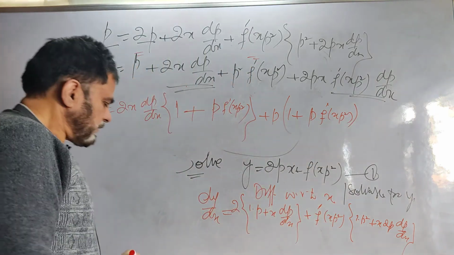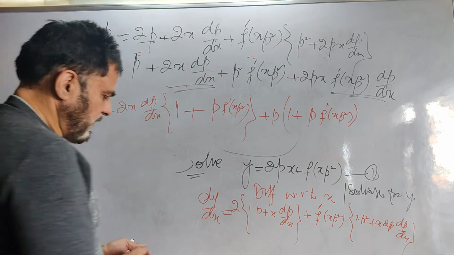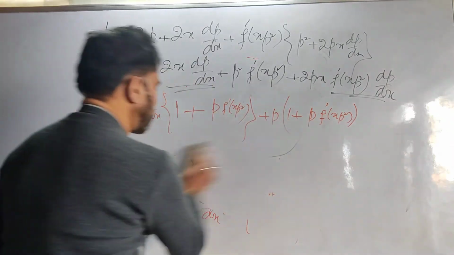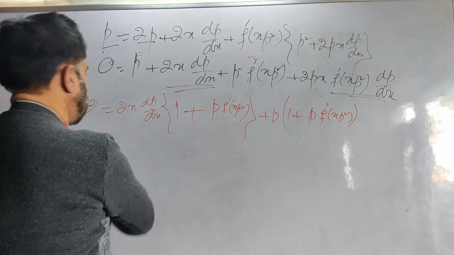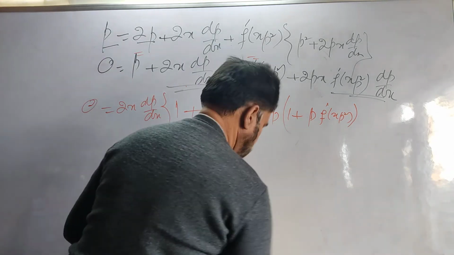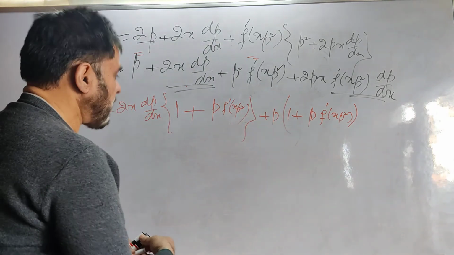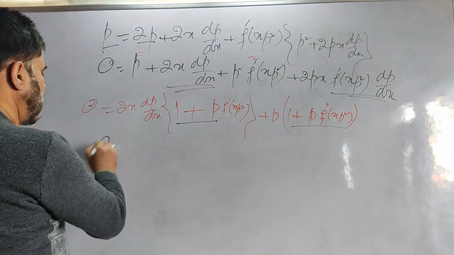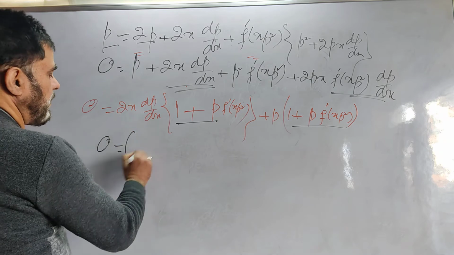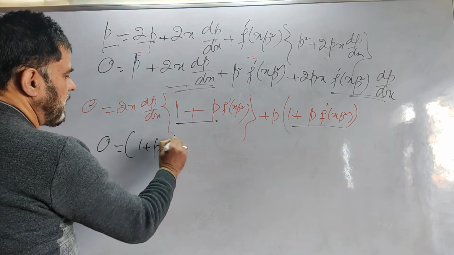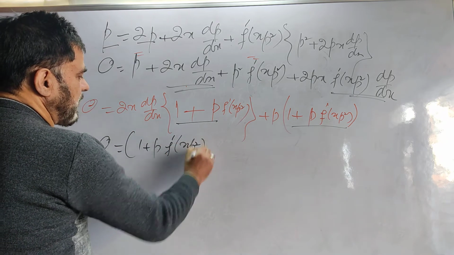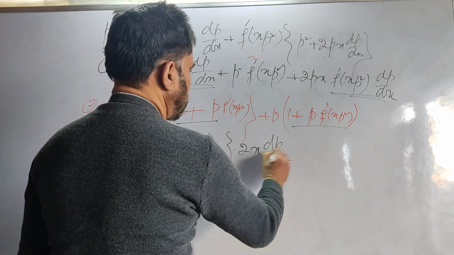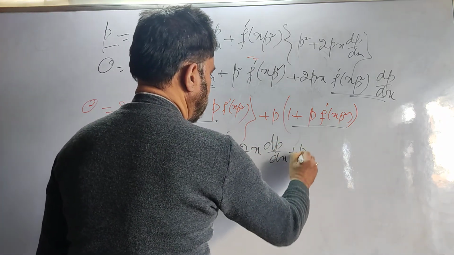Well, you have got the same factor here. You could factorize it easily. Now what is this? Take this and this. This will be 0 is equal to 1 plus p f dash xp square into 2x dp by dx plus p.